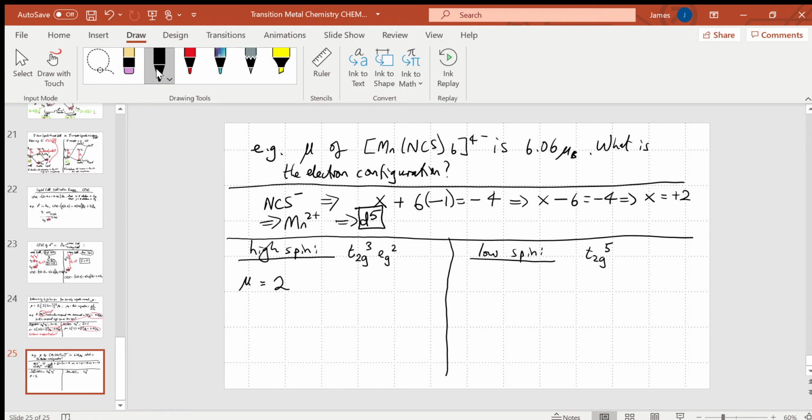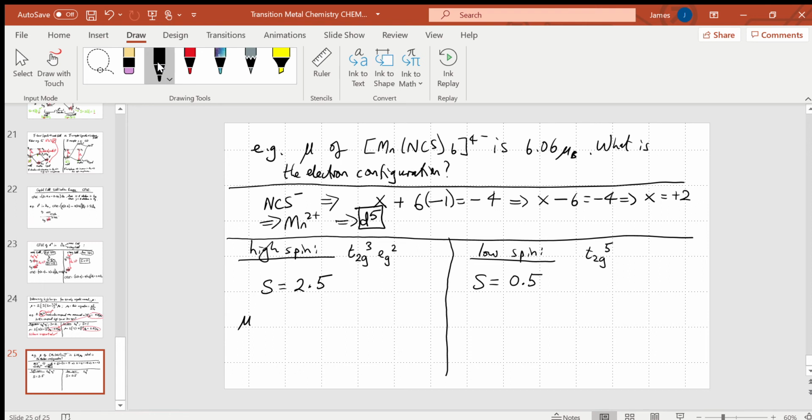Which is it? Let's figure out what the spin is first. So here S, well, I've got 5 upward pointing arrows, that would be 2.5. And here I've got 3 upward and 2 down, so I've got just spin a half remaining, so 0.5. So high spin 2.5, low spin 0.5. 2.5 is higher than 0.5.